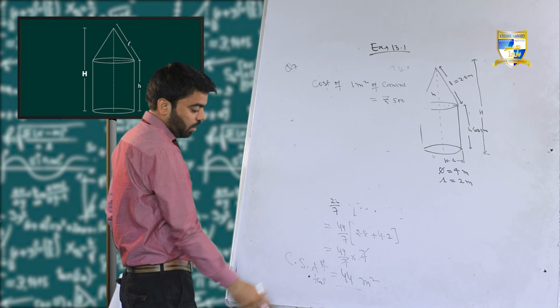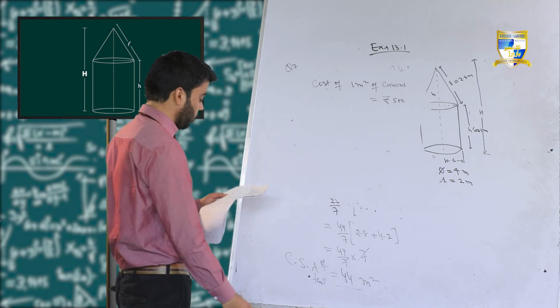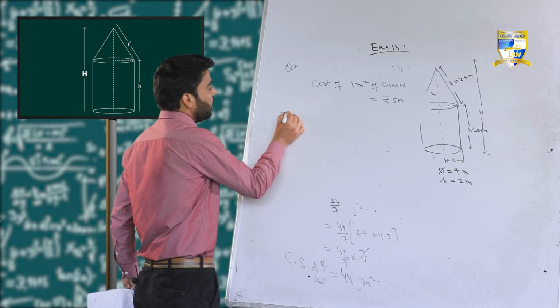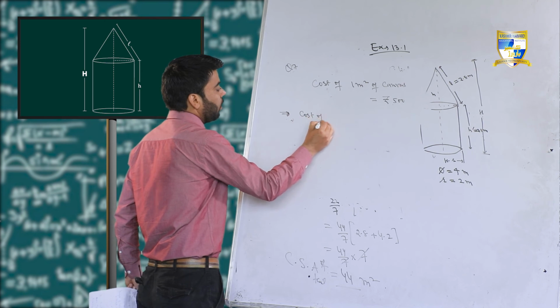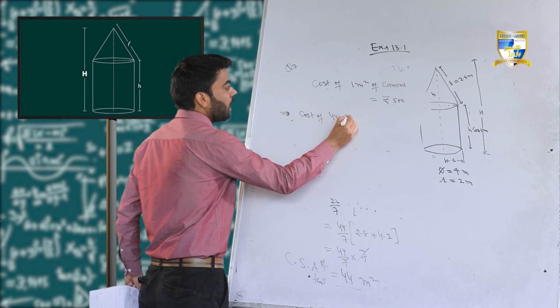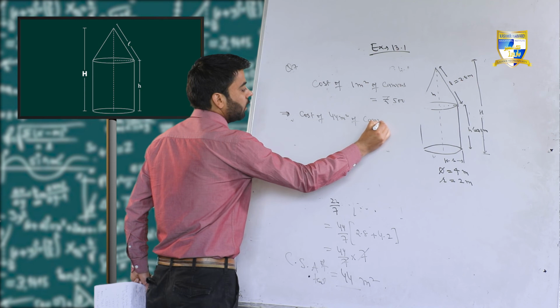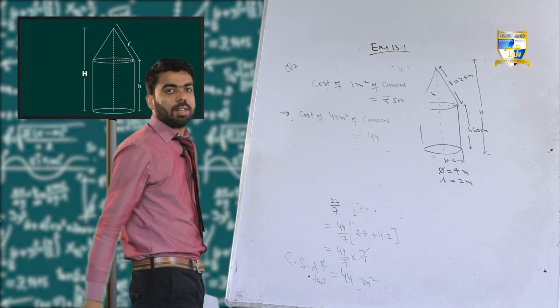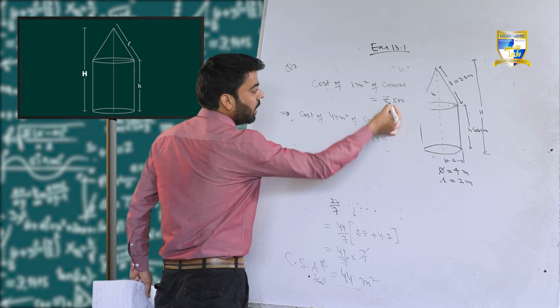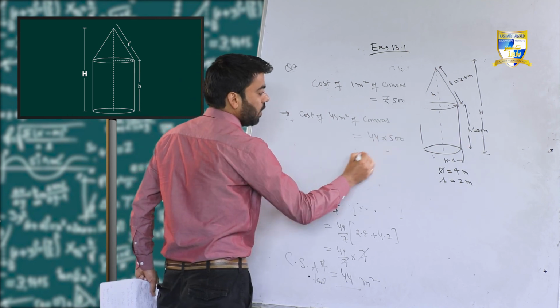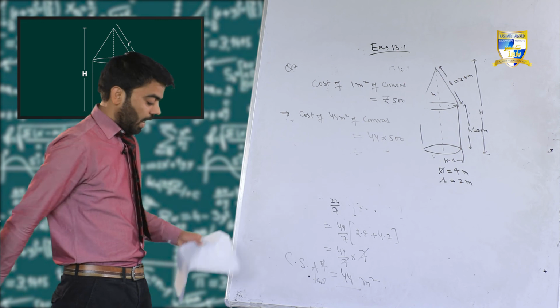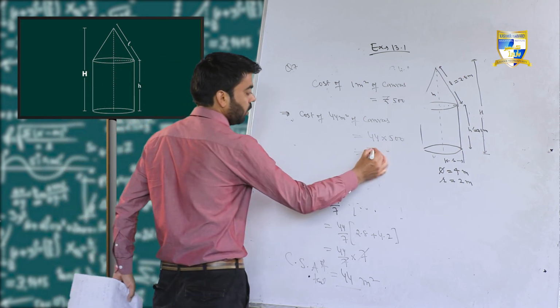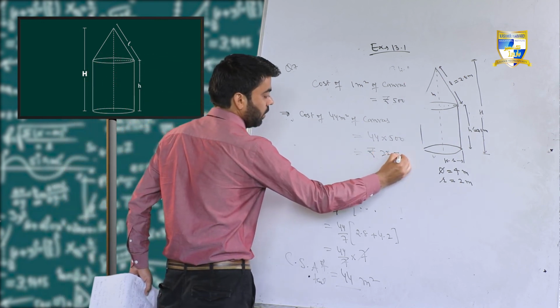So simply, what will be the cost of 44 meter square? Which implies the cost of 44 meter square of canvas will be equivalent to 44, the area, into the rate, that's 500. So simply solve it. The answer is rupees 22,000.